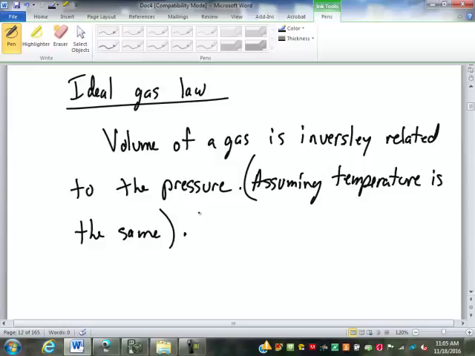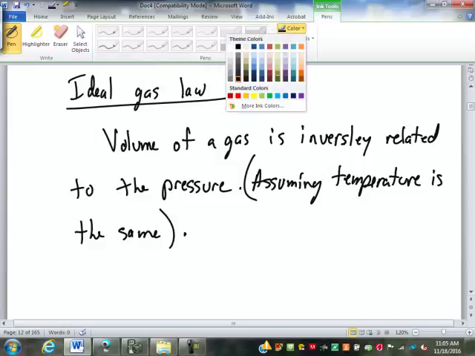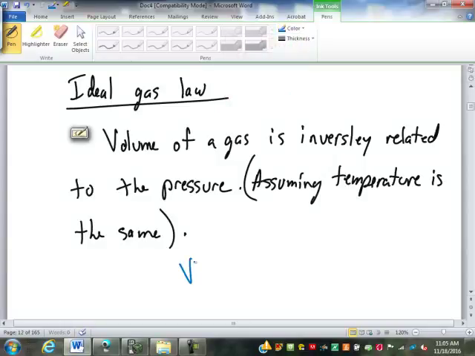Think of it like a piece of foam. If you squeeze it down, you increase the pressure on it, it gets into a smaller volume. You release it, you're releasing the pressure, it grows to a larger volume. Less pressure, more volume. So the relationship here is the volume is equal to a constant divided by the pressure. Just like y equals k over x, V equals k over P.